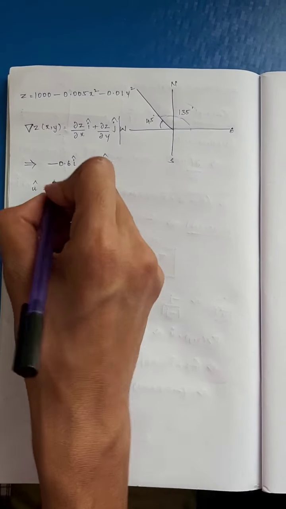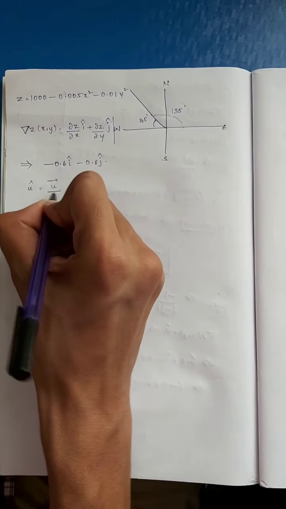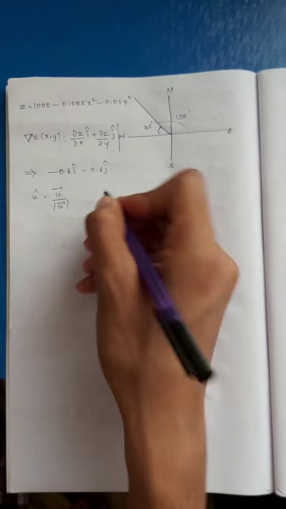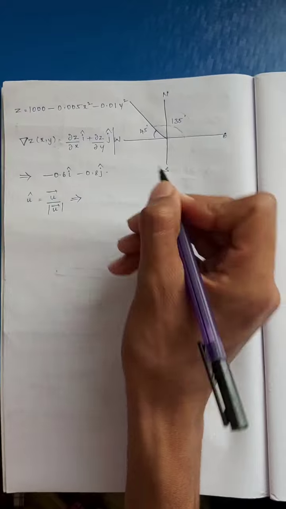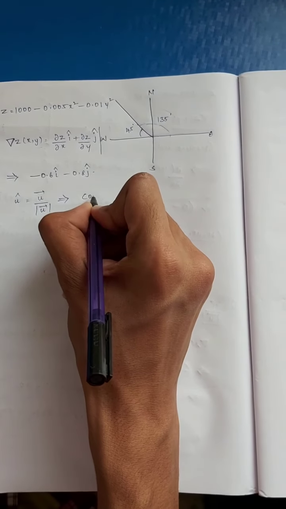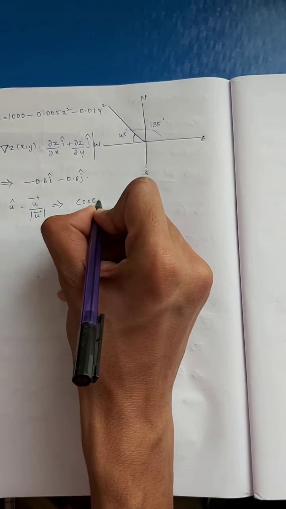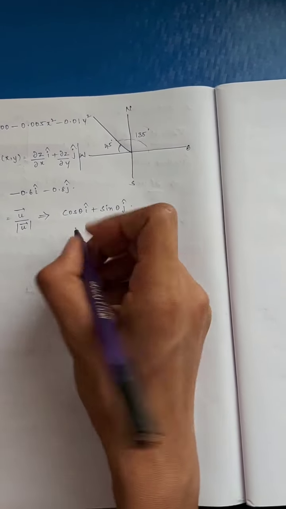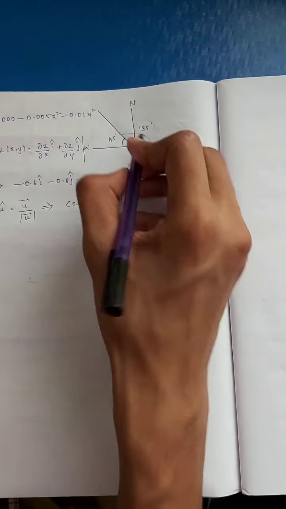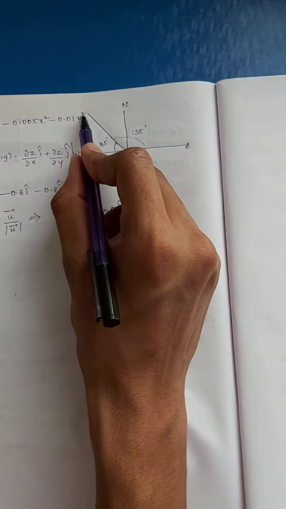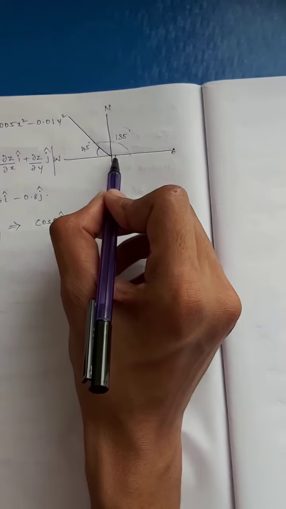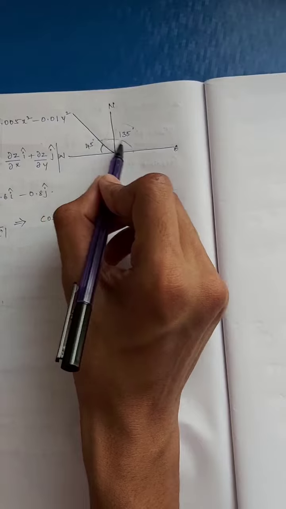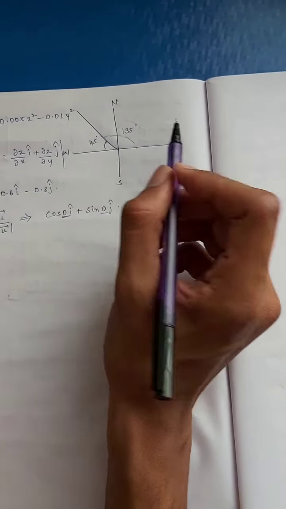It is nothing but u bar by magnitude of it. The unit vector can be written as cos theta i cap plus sin theta j cap. Here theta is 135 degrees, since northwest is in this direction, which bisects this axis at 45 degrees, but is 135 degrees with the original axis.